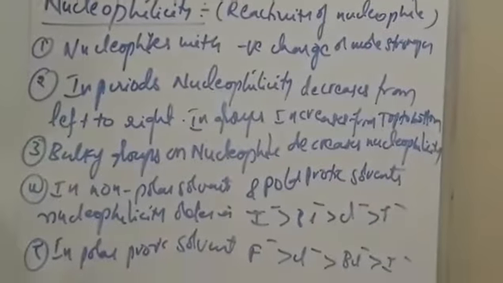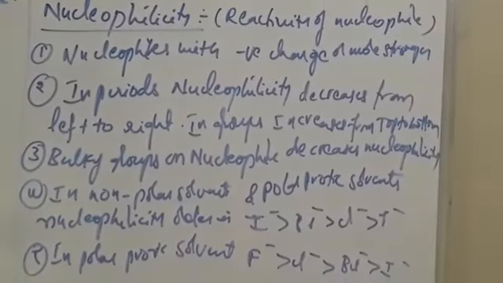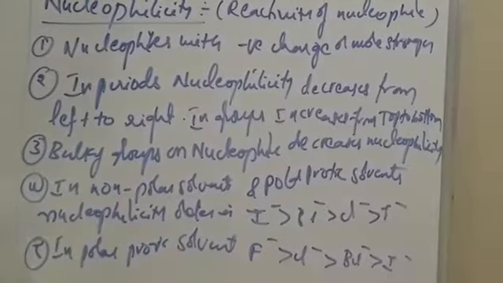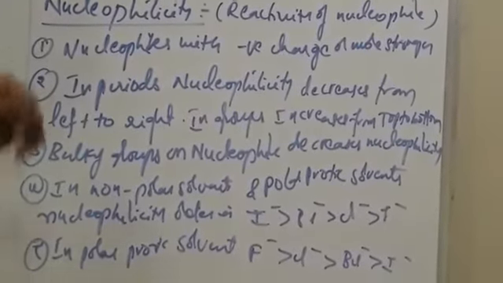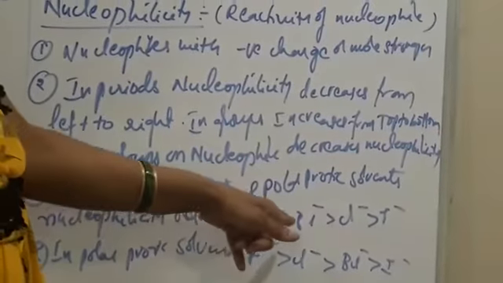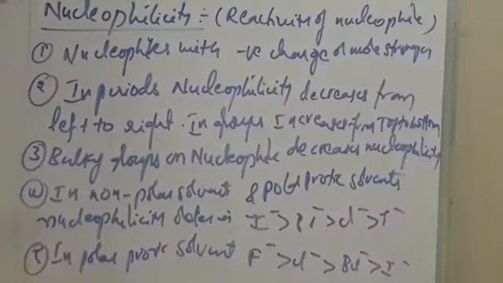Next, in polar protic solvents like water, the nucleophilicity order of halide ions is iodide greater than bromide, bromide greater than chloride, chloride greater than fluoride.